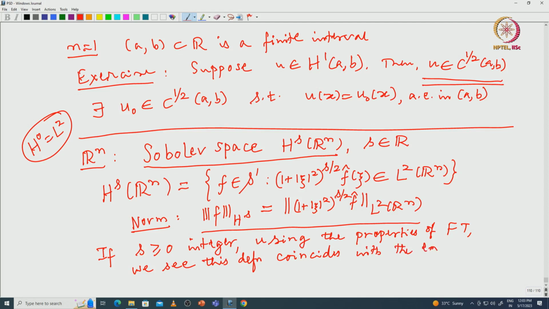What is the earlier definition? We want the function to be in the Sobolev class H^s when s is a non-negative integer. So, f has to be in L2 and its weak derivatives are also in L2. And that you get from this definition, using Fourier transform properties, the Plancherel theorem, etc., and the two norms, one norm being this one and the other norm defined in the usual way, are equivalent.